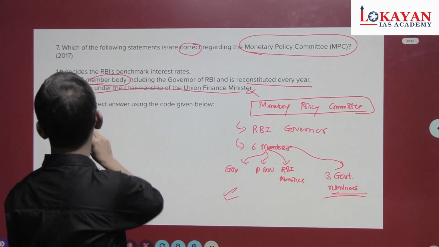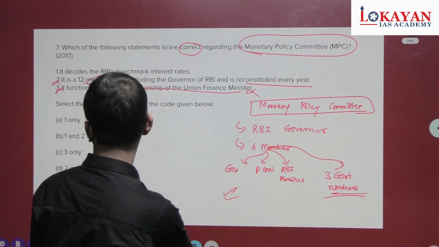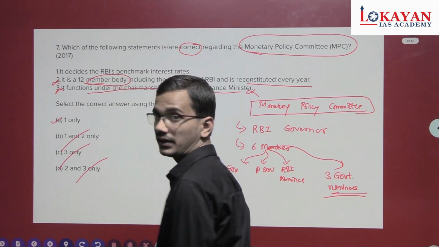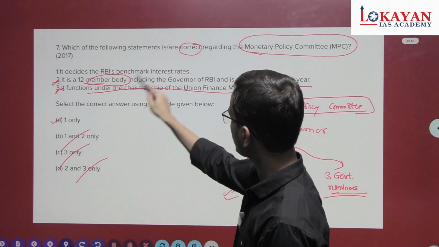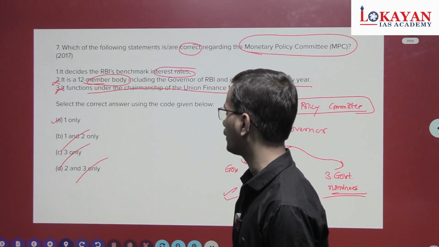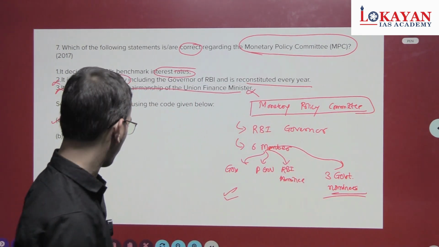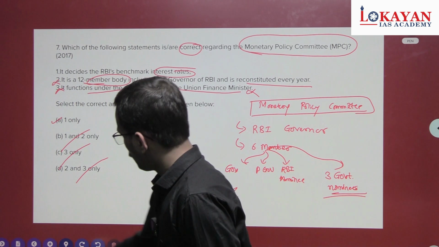So second statement is incorrect, third one is incorrect. Eliminate. First one only is correct answer. It decides RBI's benchmark interest rate. Obviously correct statement. Let's move to next question.